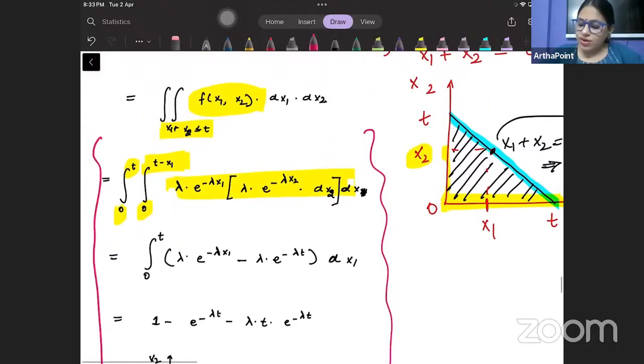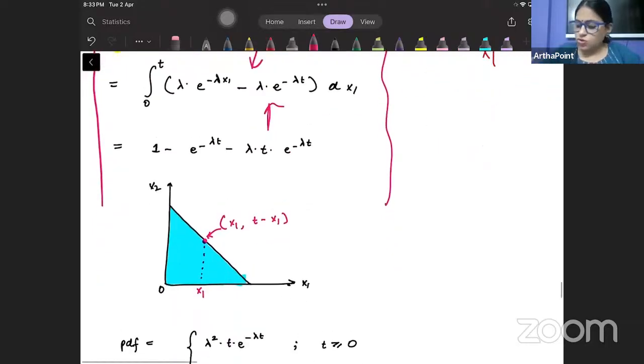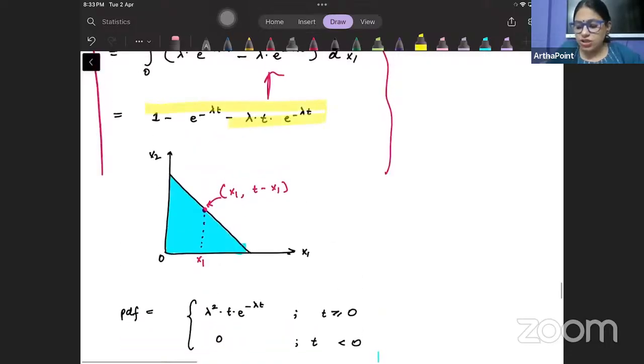So what you can do is first integrate with respect to x2, and whatever answer you get, then integrate it with respect to x1. If there is still any doubt, I will take this in the doubt class. But as of now, this is how you can solve this. So this will be your answer. अच्छा, ये आपका CDF function निकल के आएगा यहाँ से.